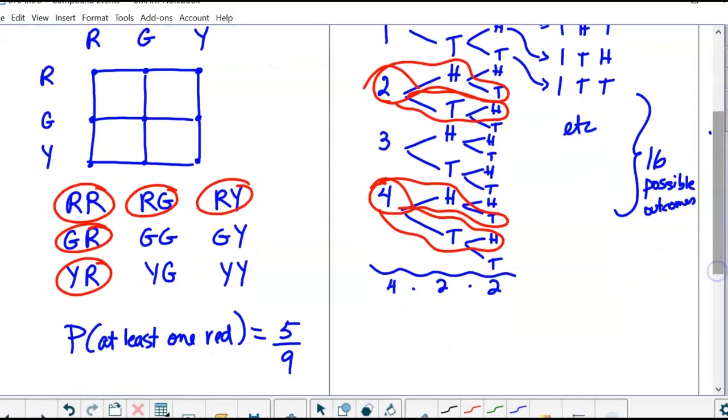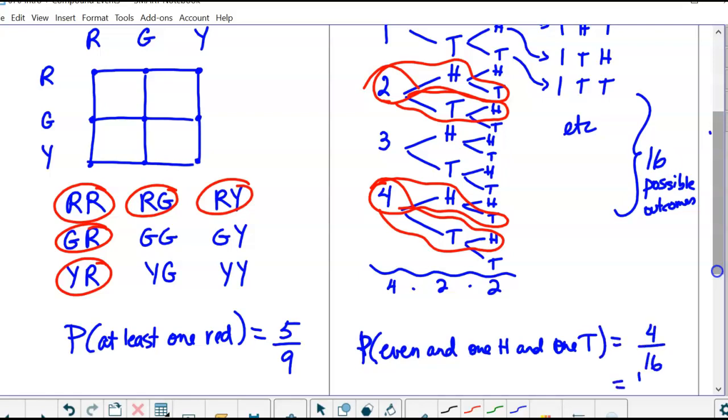So down here, probability of even and 1 H and 1 T is 4 out of 16, which is 1/4. A lot of times we use fractions for probability in lowest terms.